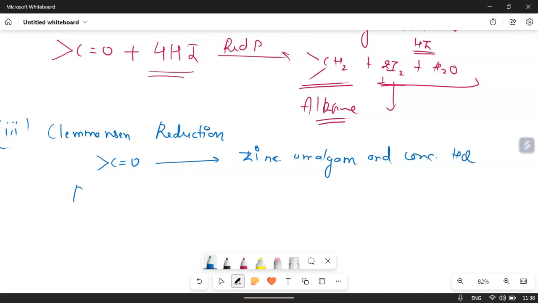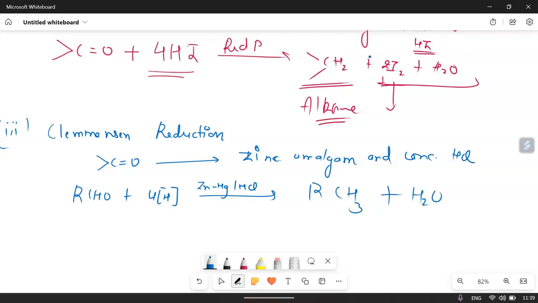Okay, so what you have to do, RCHO plus hydrogen in the presence of Zn-Hg/HCl, that will give RCH3, alkane again, and H2O.